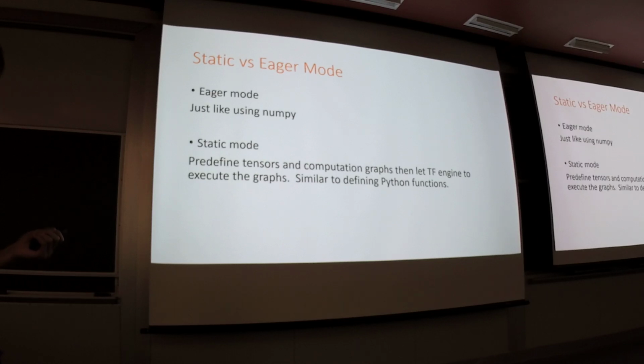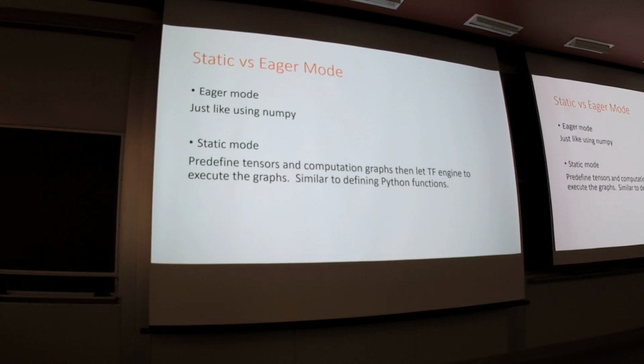So in this course, we will focus on the static mode. And I think even though in 2.0 Google introduced the eager mode, you can think that so many companies have already used the static graph in their products.